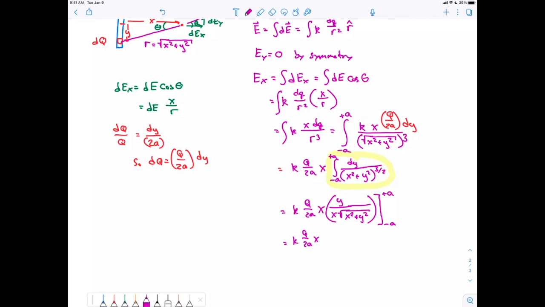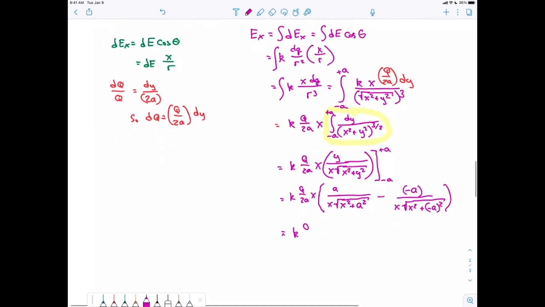So I've got all the stuff that came before the integral. And now when I plug in plus a, I get the first term. And then I subtract what I get when I plug in minus a. And I can simplify this.